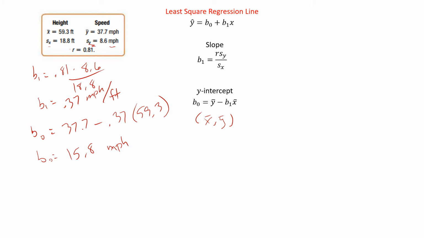Like, it doesn't make sense in the problem. For instance, if we were looking at a graph with height versus shoe size, if shoe size was on the x-axis, your shoe size is not going to be 0. That's not an option. So having that be 0 doesn't make sense.